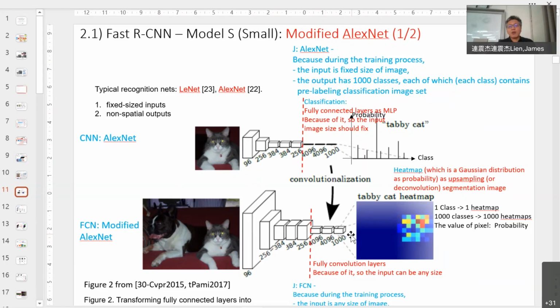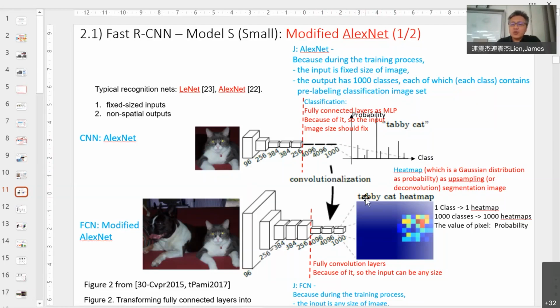The output difference: suppose we have 1,000 classes. For the connected one, the ground truth has only one class as 1, and the other 999 are 0.